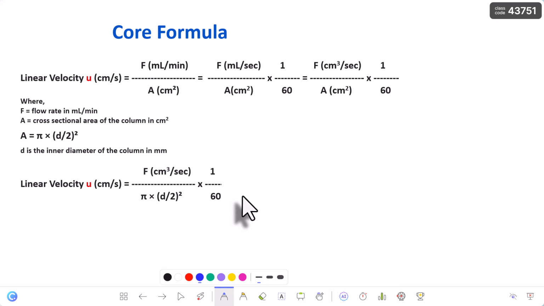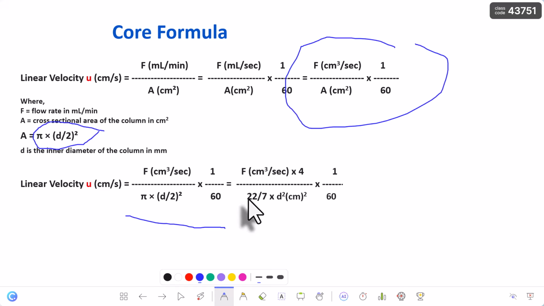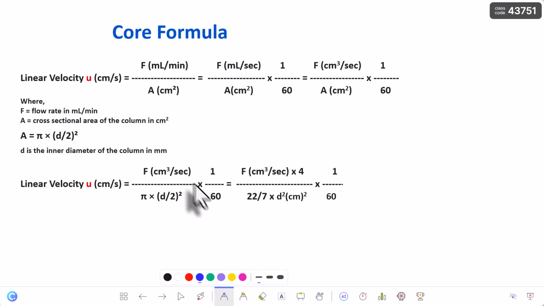And then further, if I substitute this value of A into this equation, I come across this one. This is quite a complex equation, and we will try to simplify it further. Now I have replaced pi by 22 by 7, because we all know the value of pi is 22 by 7.